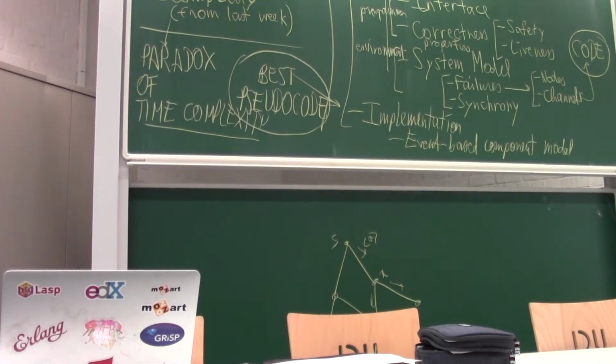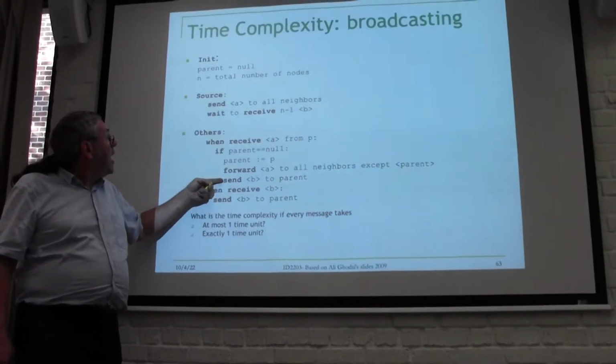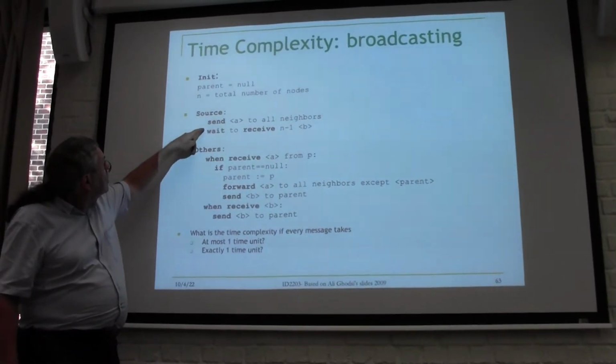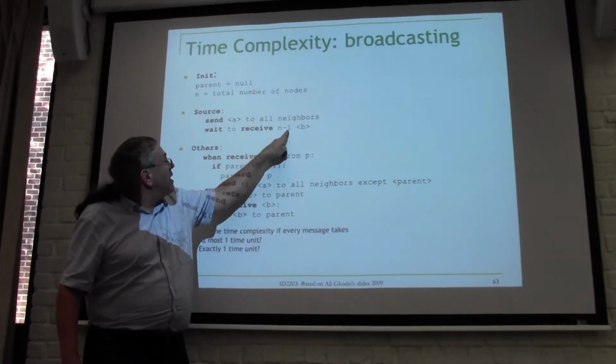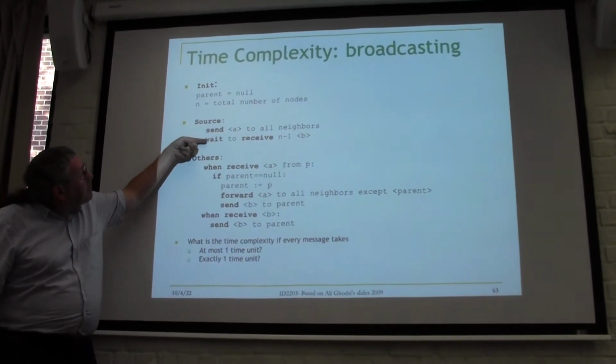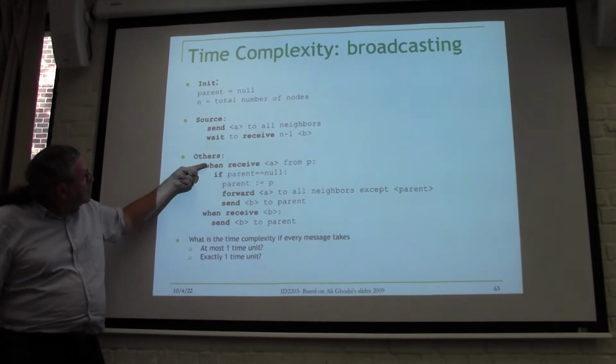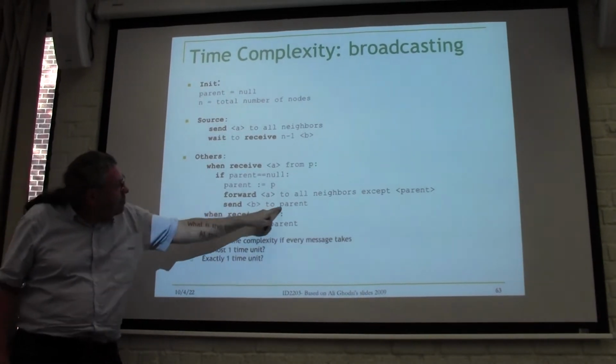And it sends a B to the parent. So this is an acknowledgement that it got the A. And so the source will wait until it gets n-1 acknowledgements, and that means that all n-1 nodes have received A. So when this node receives A, it sends B to the parent.